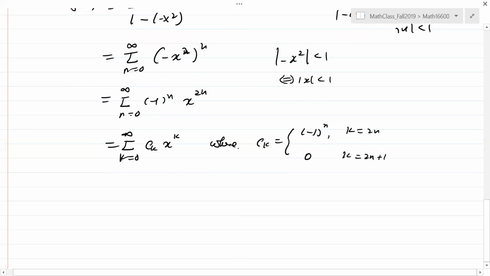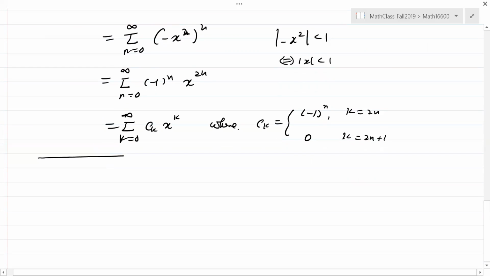Right, so now let's take a look at a function. Those are the elementary functions. We know the function, we just find the power series representation. But in general, not every function is represented by a power series.